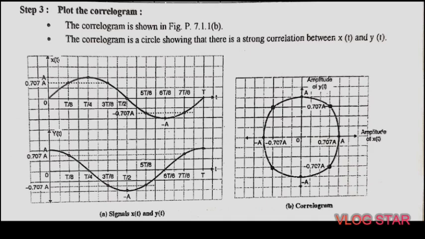Okay, so here we have to correlate x of t and y of t. Okay, and after this we can observe that the correlogram is showing that there is a strong correlation between x of t and y of t. So this is the second diagram of this correlogram.